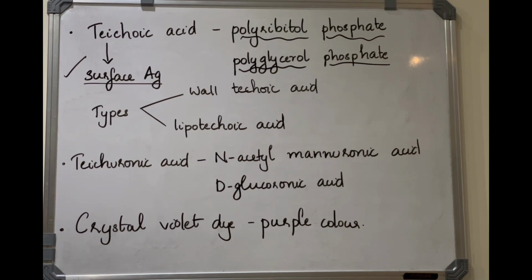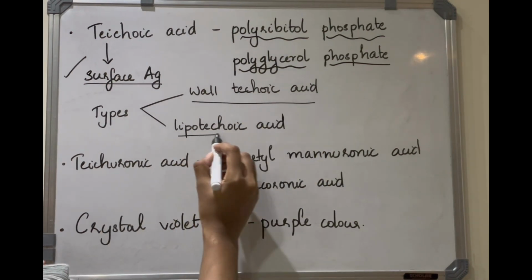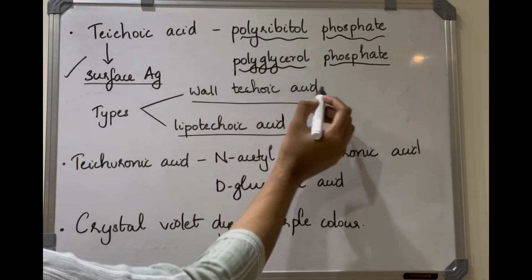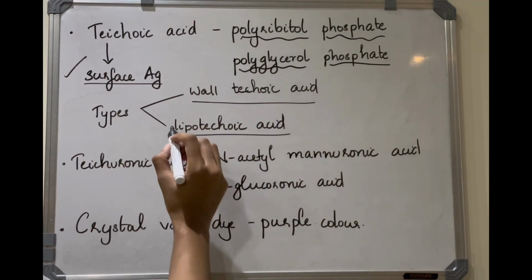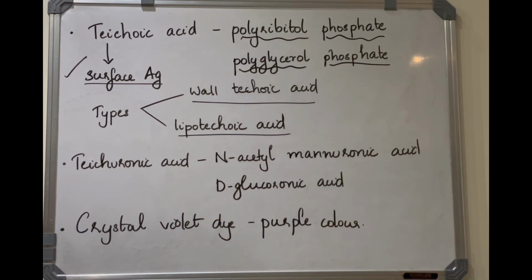Teichoic acid is of two types, that is wall teichoic acid and lipoteichoic acid. Wall teichoic acid is linked to the peptidoglycan, whereas lipoteichoic acid is linked to the membrane glycolipids.